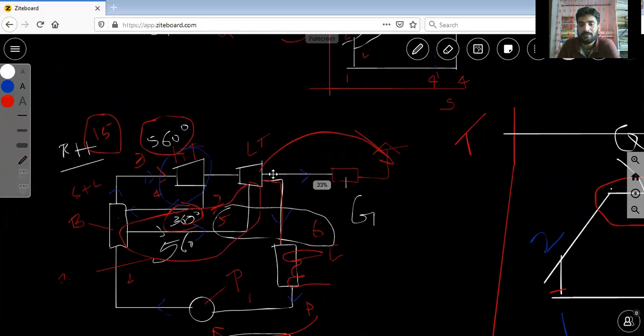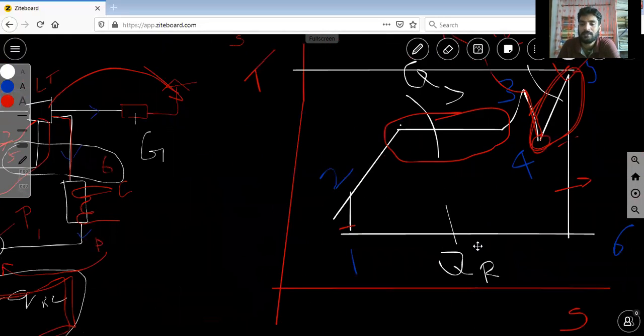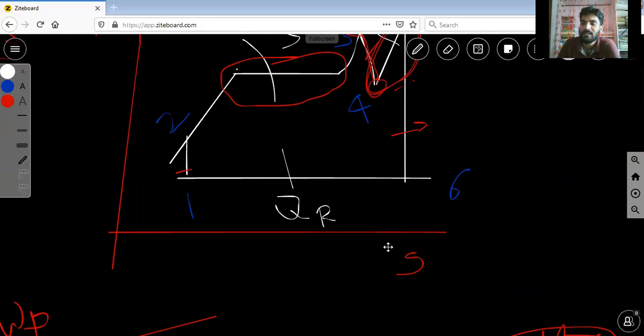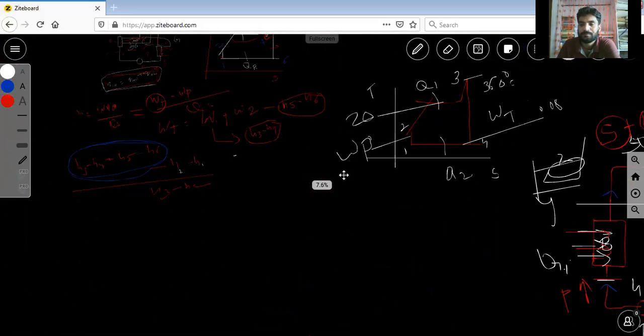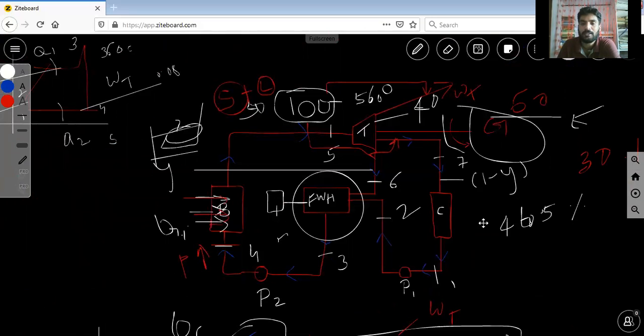Today's session is mainly focused on the regenerative method. In this method, you additionally introduce two devices. One is a second pump, so there are two pumps in the regenerative process. The other additional device is the feed water heater.